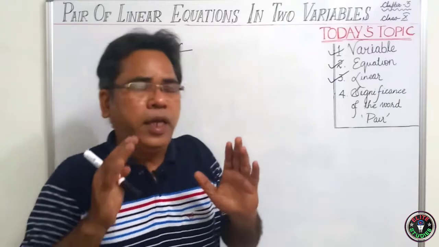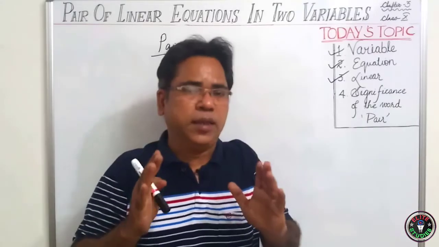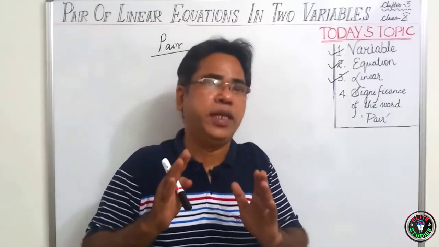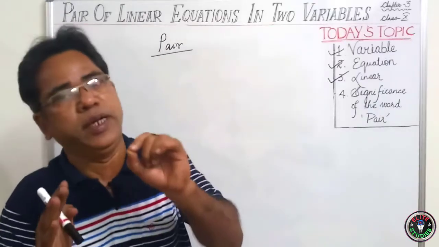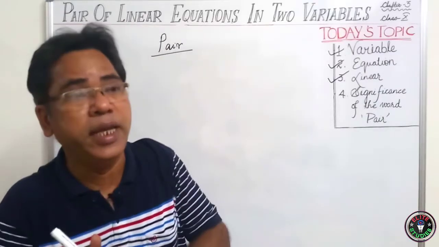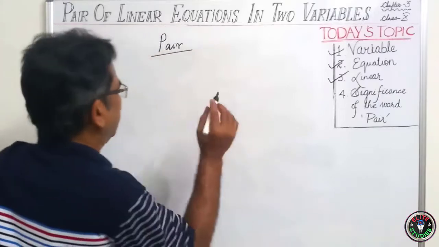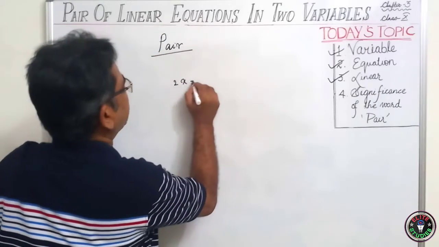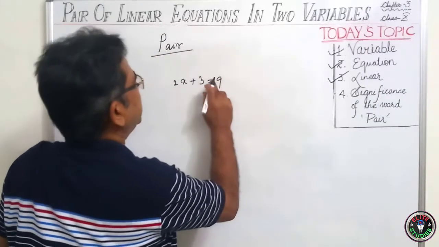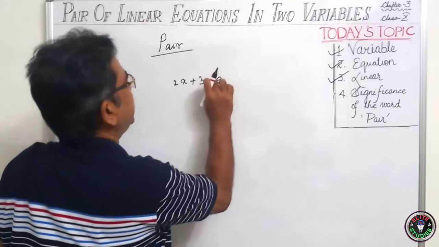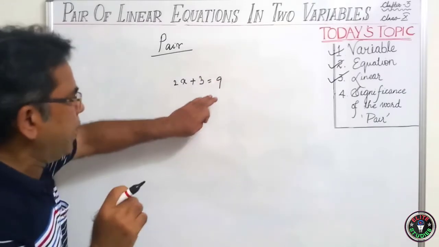If you consider any equation, the sole purpose of an equation is to get the solution of that equation. Solution means to get the root of that equation. Suppose you write 2x plus 3 is equal to 9. This is a linear equation in 1 variable. What is the purpose of this equation?